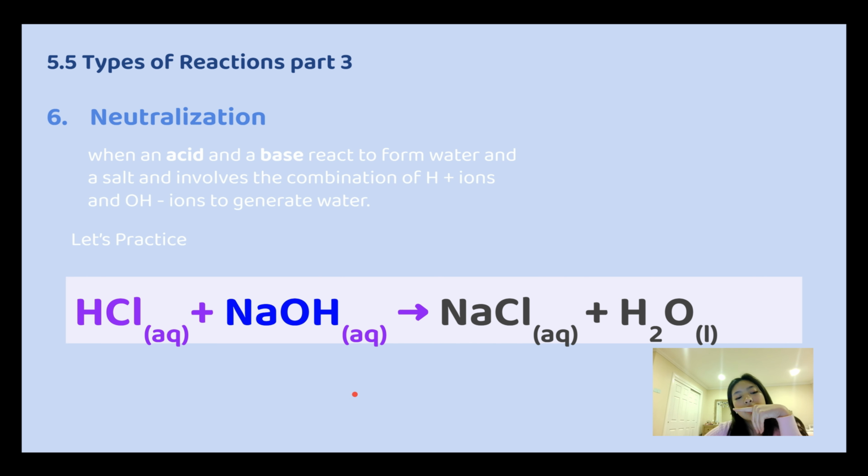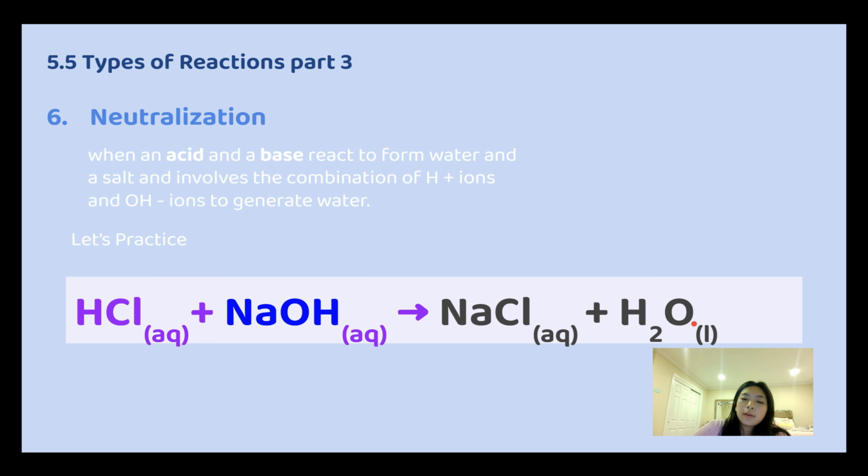Okay, so let's identify the acid. The acid is going to be containing your hydrogen, so it's your HCl. Your base is going to contain your hydroxide, so it's NaOH. And it's going to produce your salt and your water.